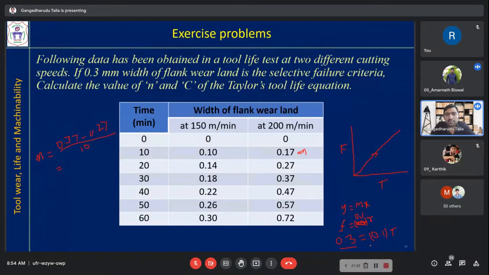Yes, that is right. x minus 0.27, sorry, 0.3 minus 0.27 upon 0.37 minus 0.27 equated to x minus 20 by 30 minus 20. While rearranging, we will get x equal to 23. If we do like that, we're getting 23 minutes.